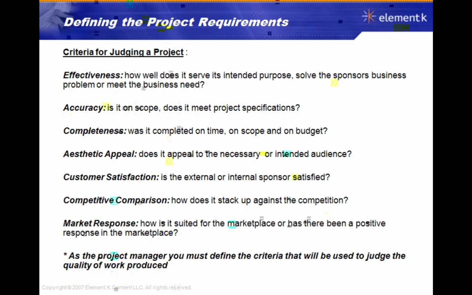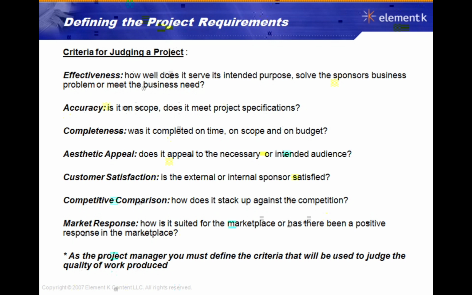In terms of aesthetic appeal, if this applies to your project, you're wondering if it appeals to the necessary or intended audience. So if that's what the project is designed to do, whether it's designed to appeal to an internal audience in your organization or an external audience outside, such as a customer or a contractor or whoever it is that you're trying to appeal to, you've got to ask yourself, is it appealing to that necessary or intended audience?